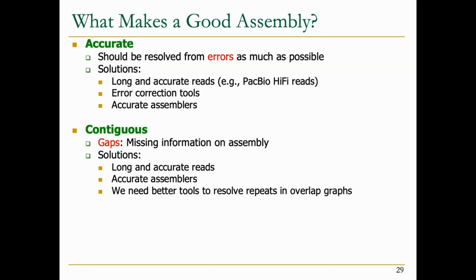The solutions for that are, again, using long and very accurate reads and accurate assemblers. But further, we need better tools to resolve repeats in overlap graphs so that we can generate contiguous assemblies. Like when we pop the bubble, we won't have any gap. Rather, we will have the full information in the graph without any gap, such that we can generate the assembly.